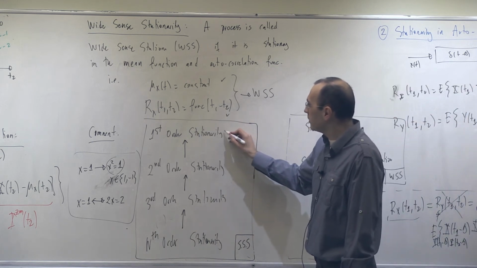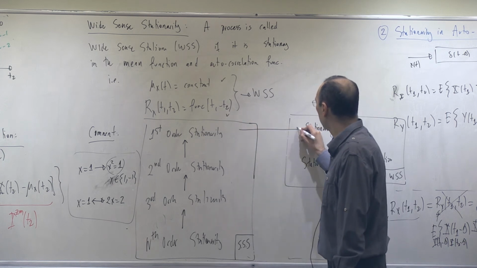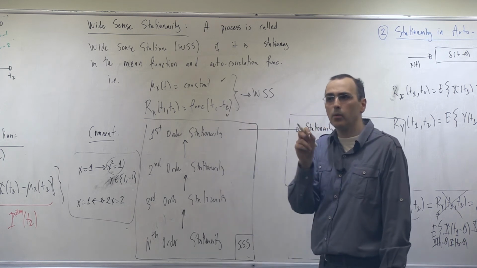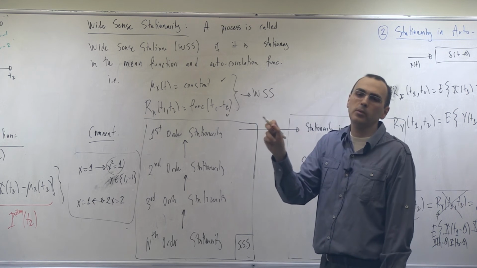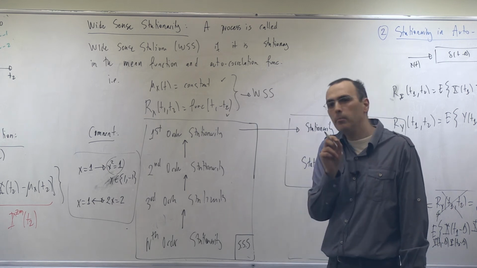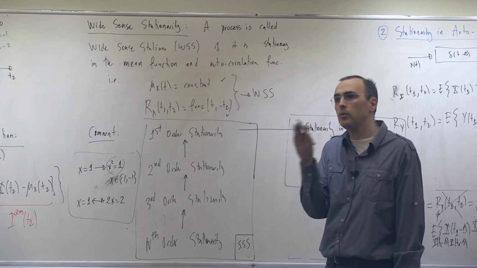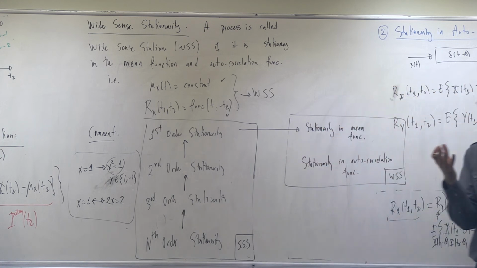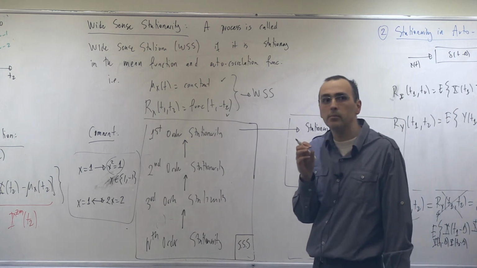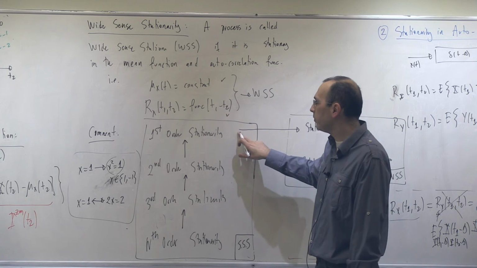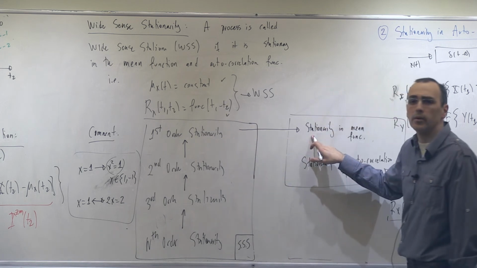Now, if this is first order stationary, meaning that the density at time t1 is equal to the density at time t2, do you think their mean values are also equal? I think so. Because if the density is equal, then the mean value of that random variable should also be equal. So if this is satisfied, automatically this is satisfied.